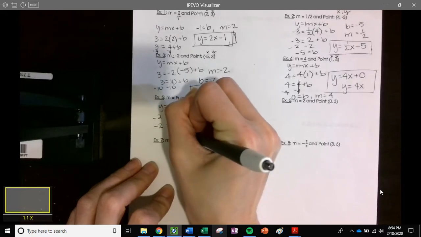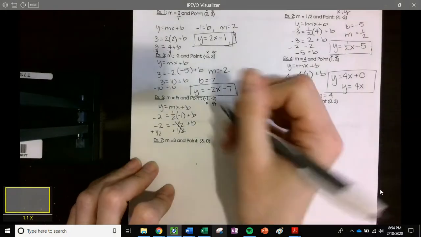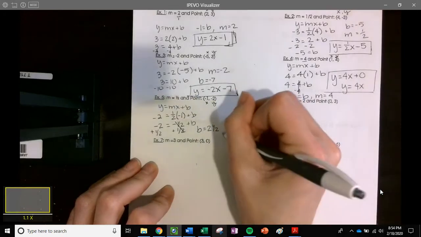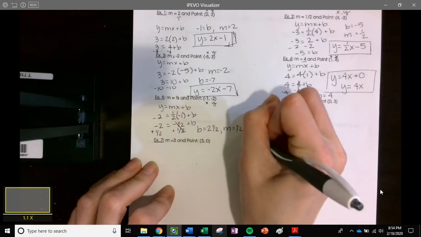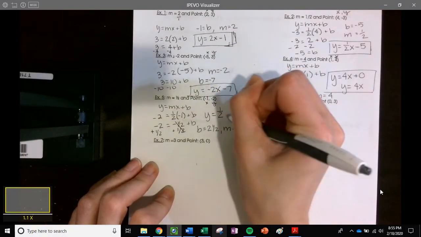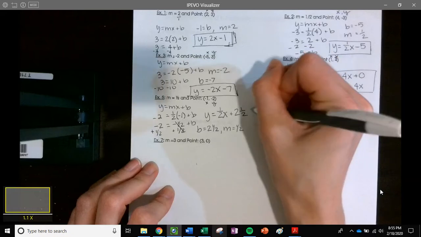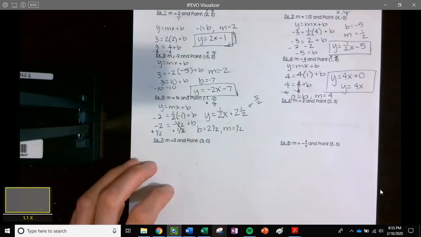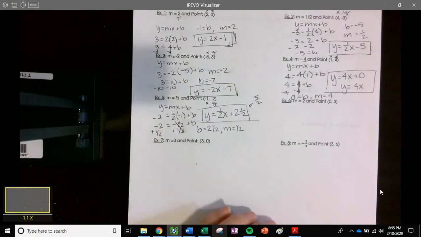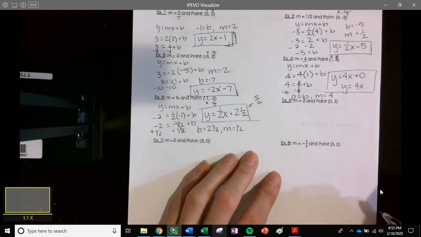I will add 1/2 to cancel it out from this side, but I have to add it to this side as well. So that means that b equals 2.5. And the slope that I was given was 1/2. So my equation, y stays as a variable, 1/2 is the slope, x stays as the variable, plus 2.5, which you could also write as 5/2. Either one. So y equals 1/2 x plus 2.5, or 5/2 is what you should have gotten for number 5.